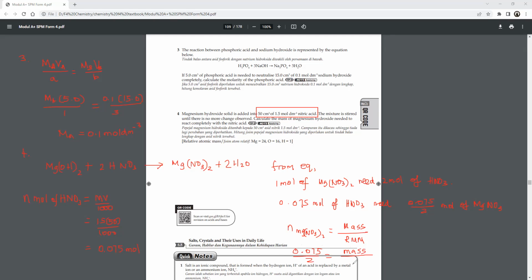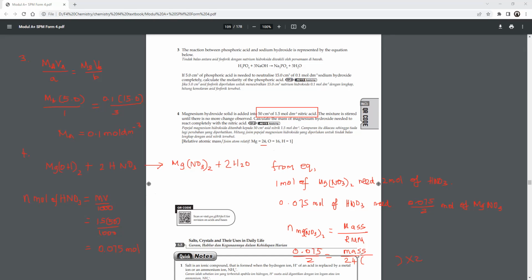Molar mass of MgNO3, Mg is 24, NO3 I need to times 2. And it is 14. They don't give, right? Short of 114.